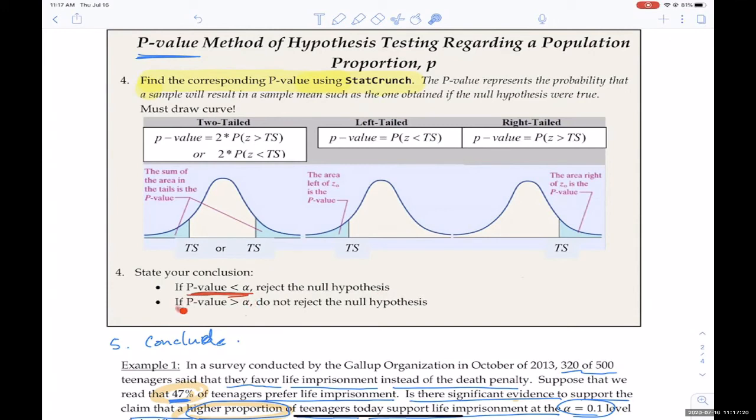And if you have a p-value that is greater than alpha, then do not reject. You have to memorize this. It's always going to be the same.